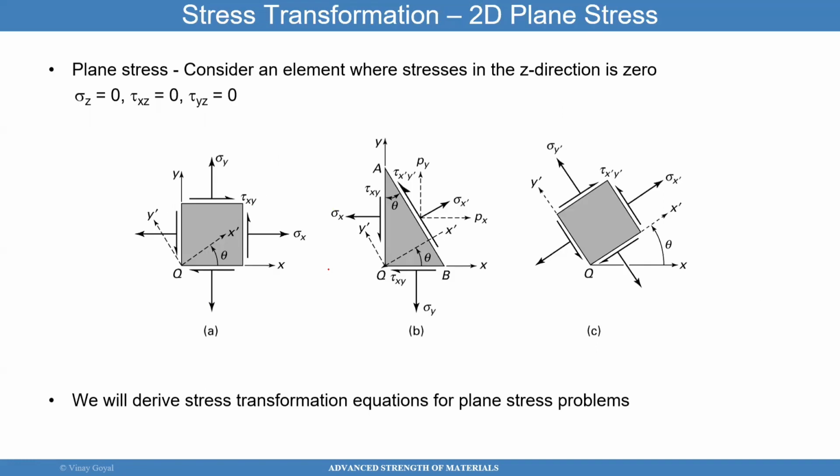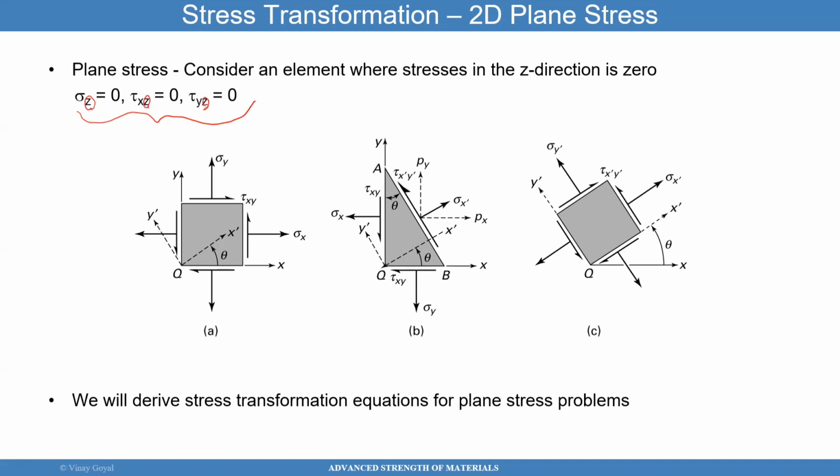So now let's look at a more general situation. Let's consider plane stress condition. When I say plane stress condition, these other stress states are 0. Anything with Z is 0.